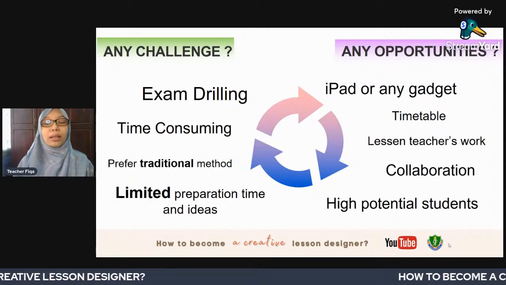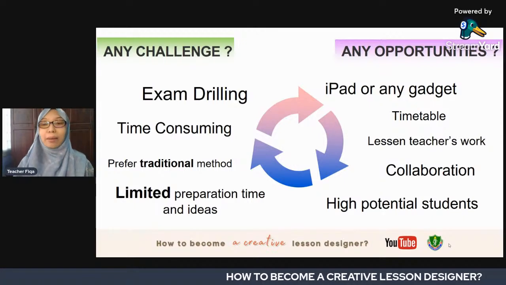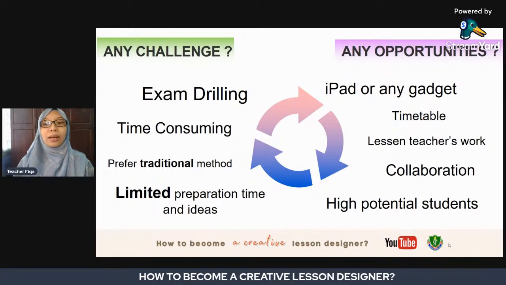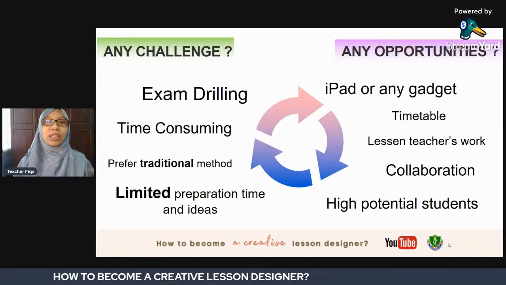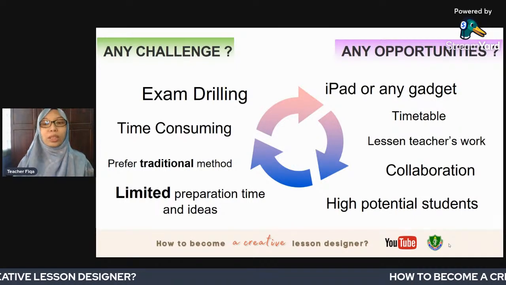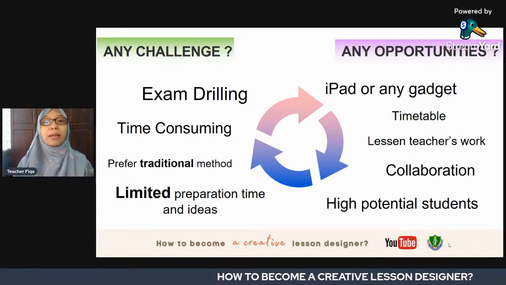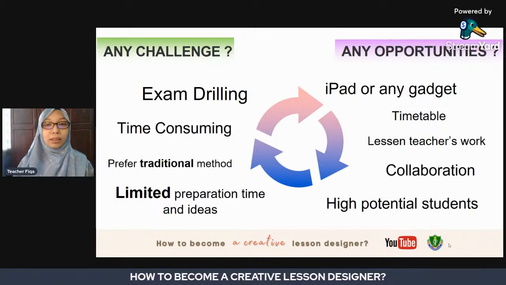And number 2, designing creative lesson for some people is definitely really time consuming, which made some teachers prefer traditional methods over 21st century approach. And some teachers also perhaps have limited preparation time, ideas, and also technological skills.